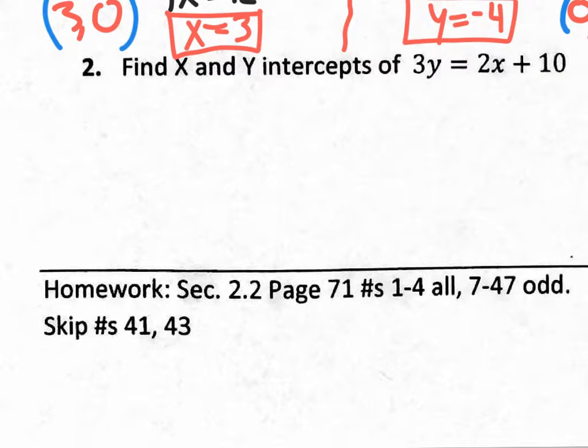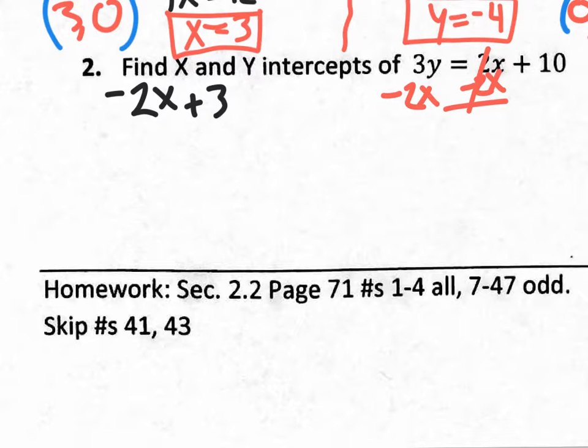No. Standard form is ax plus by equals c. So let's first write it in standard form. It'll be a little easier. Subtract 2x, cancels, subtract 2x, and you're going to have a new equation that says, and let me write it over here, it's going to be negative 2x plus 3y equals 10.